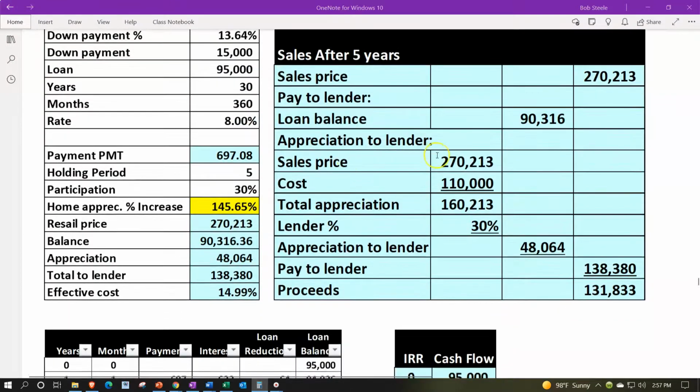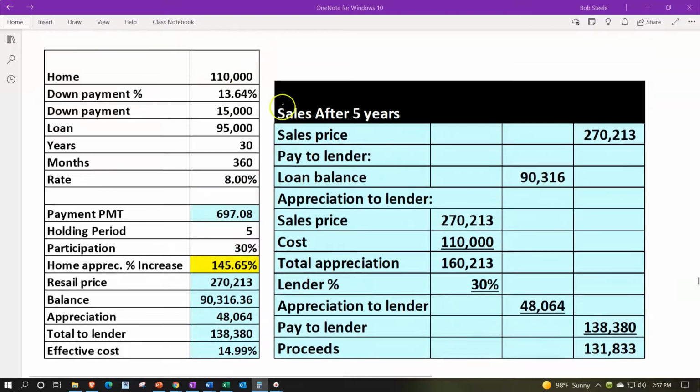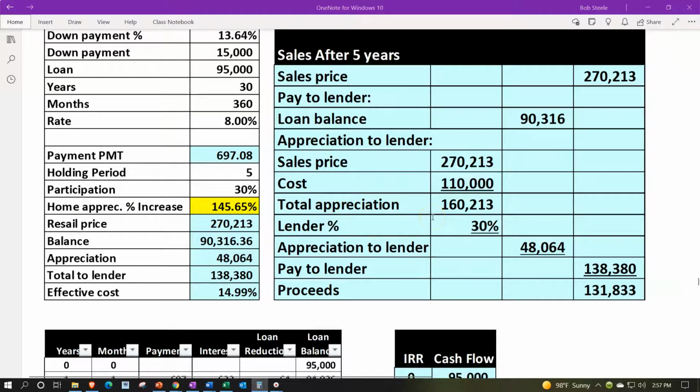And then we'd have the $270,213 minus the cost, which would still be $110, giving us an appreciation of $160,213. We take that times 30%, the amount that is owed to the lender. They get the 30% or $48.64. So that means that the loan balance, $90,316, plus that $48.64 is what we owe back to the lender, $138,380.